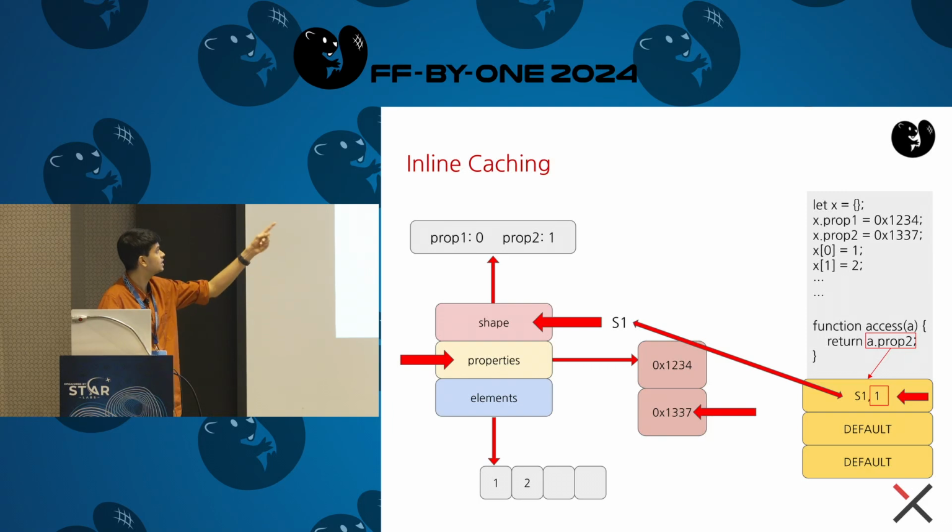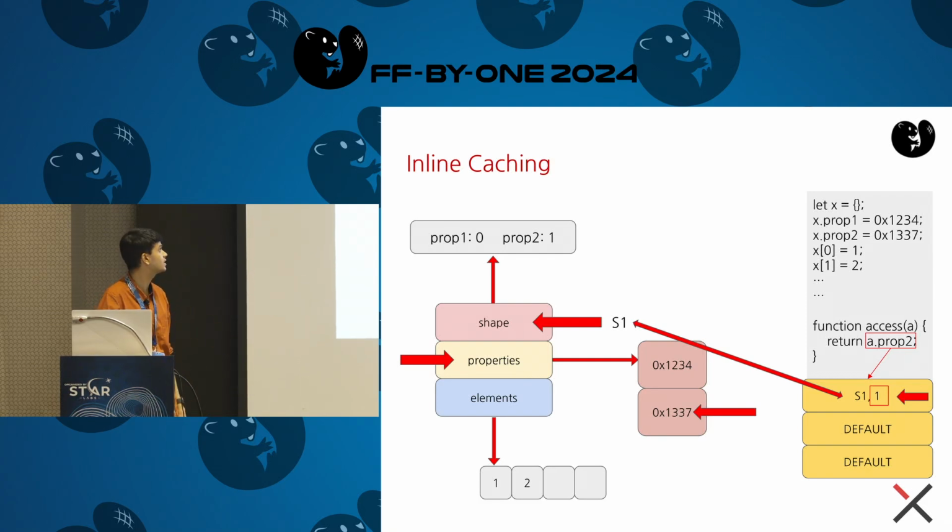So the next time we see a shape S1, it will compare the shape in the cache with the shape of the object. If that shape matches, we have a cache hit. So now we don't have to access the shape on top at all. We can straight away go to the properties and access the first index.